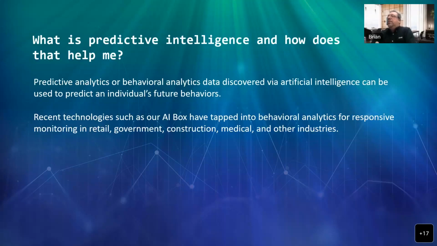So what is predictive intelligence? How does that help me? As we just touched upon, predictive intelligence is basically AI or machine learning that has learned, or is in the process of learning, that certain behavior is going to lead to certain results. You still have to set it up, but essentially it's predicting that the pattern of behavior I'm seeing right now is going to lead to this, whatever this might be. It could be that the pattern of behavior means the person is going to walk through the door.